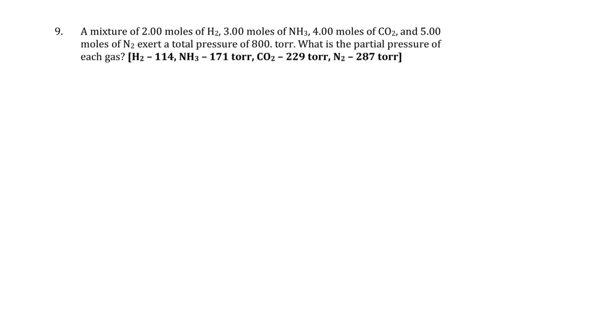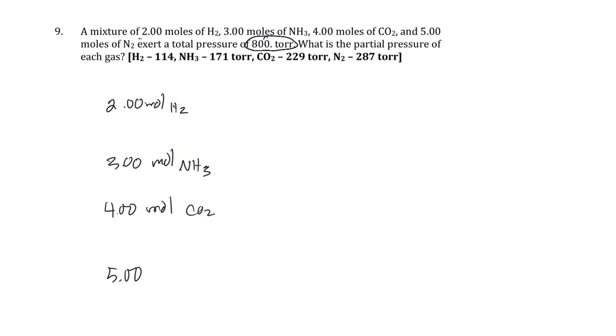Okay, next question. This is a little trickier one. It says the total pressure in the tank is 800 torr, and it's composed of 2 moles of hydrogen, 3 moles of ammonia, 4 moles of CO2, and 5 moles of nitrogen.